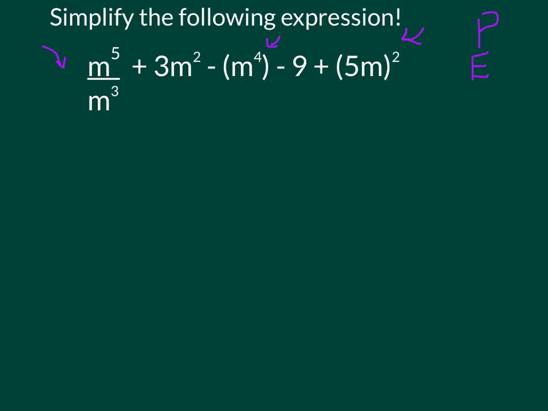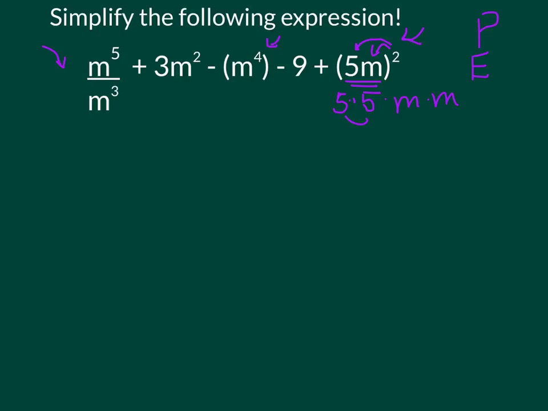And I say to myself, well, what's happening here in this exponent? I've got 5m inside the parentheses, which means that everything inside the parentheses is being squared. So in other words, I've got 5 times 5, that's squaring 5, times m times m.